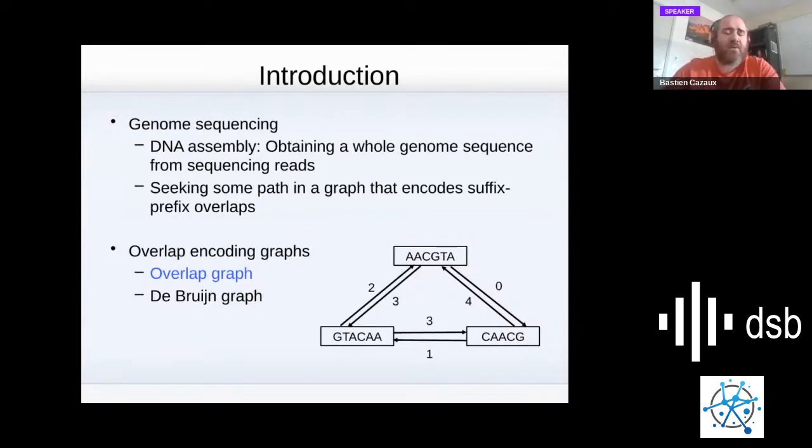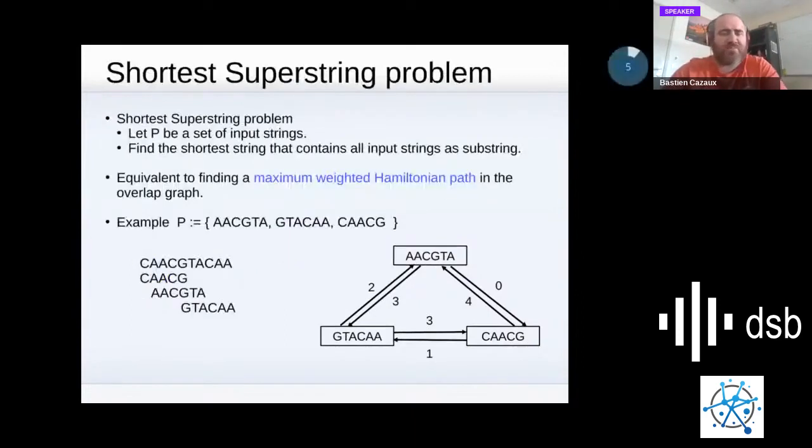But in assembly theory, we have a theoretical problem which corresponds to, for a set of strings P, finding the shortest superstring, which is the shortest string that contains all the strings of P as substrings. We know that this problem is equivalent to finding a maximal weight Hamiltonian path in the overlap graph.